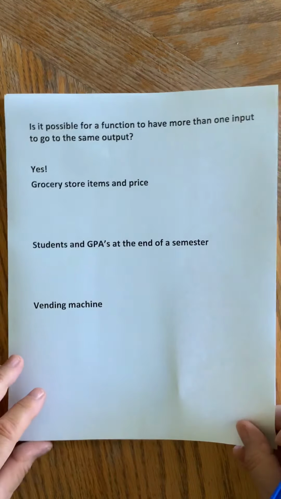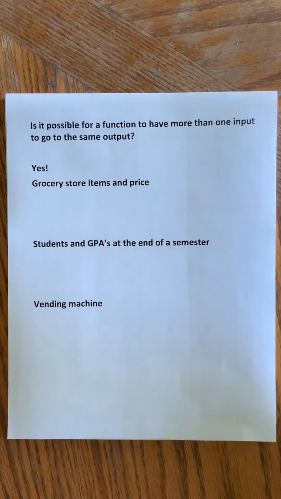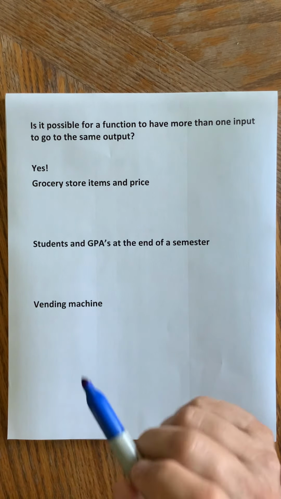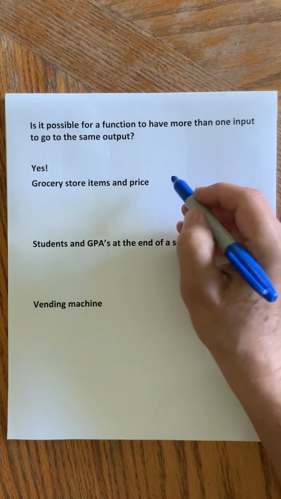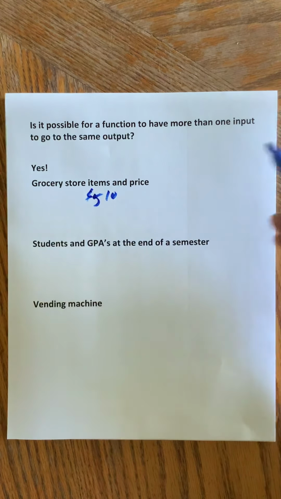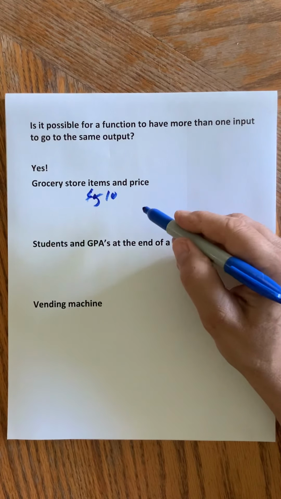Let me just mention here, this sometimes gets students: is it possible for a function to have more than one input go to the same output? Yes, it is. For example, let's say you're in a grocery store and I said to you, find me all items that cost, I don't know, $5.10. You can probably come up with several items that cost that.